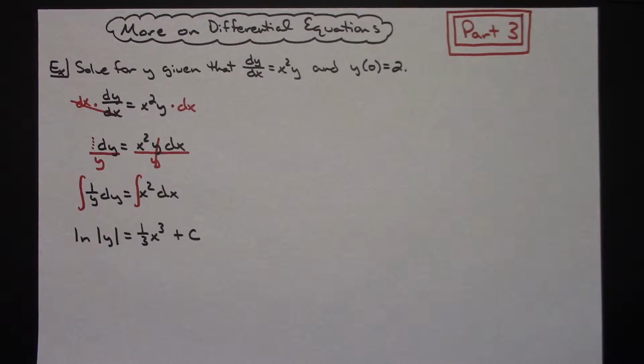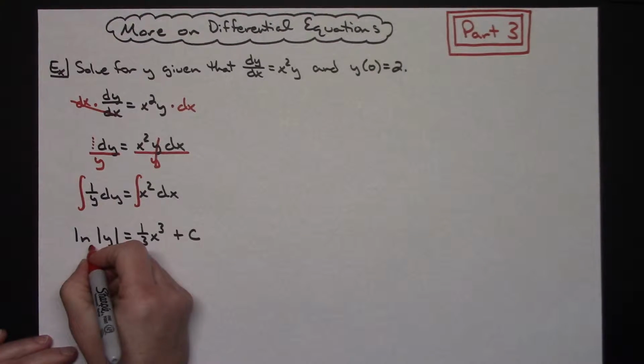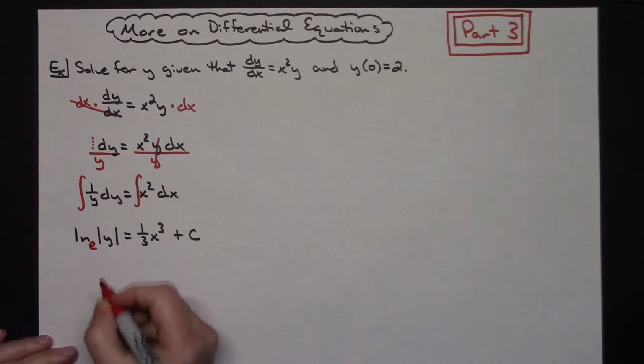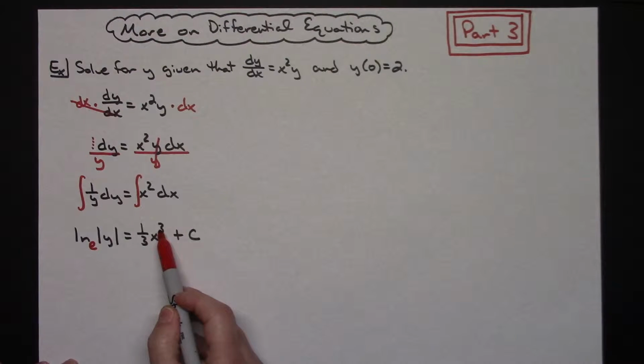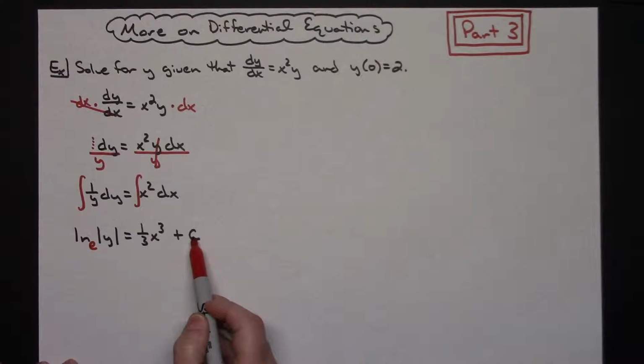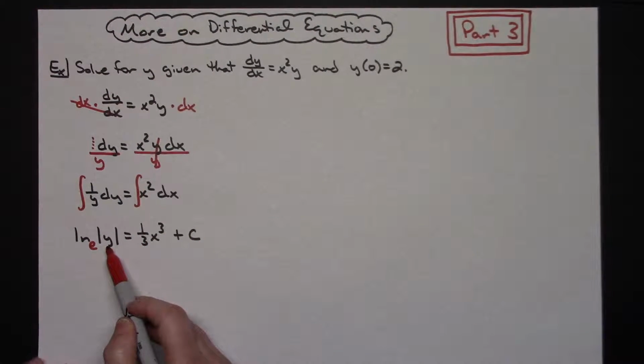Now, next step you're going to have to do, remembering that when you have a natural log here, you're going to want to go into exponential form. If you need to see it, you can put the little imaginary e right there so you can see the base. It's going to be e raised to the 1/3 x to the third plus c equals the absolute value of y. So I'm going to go into exponential form.